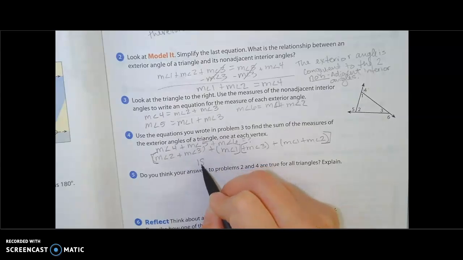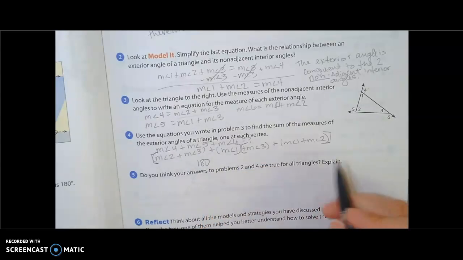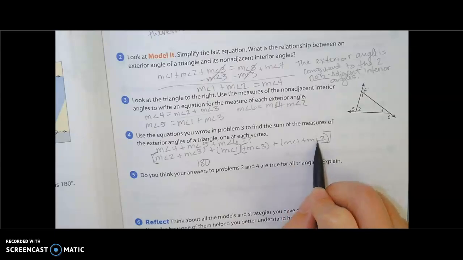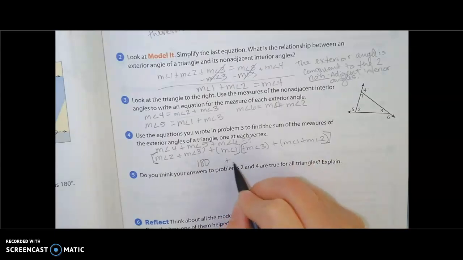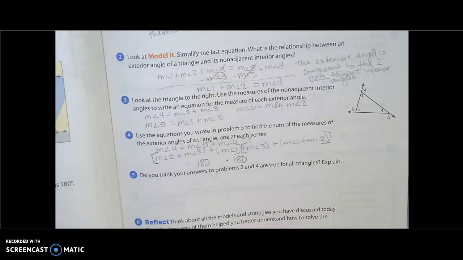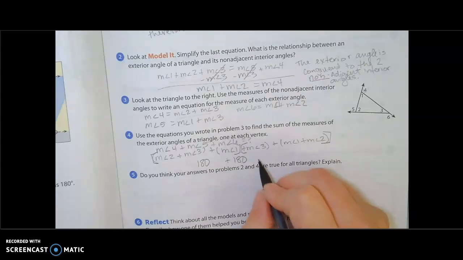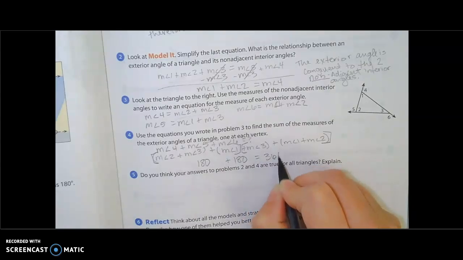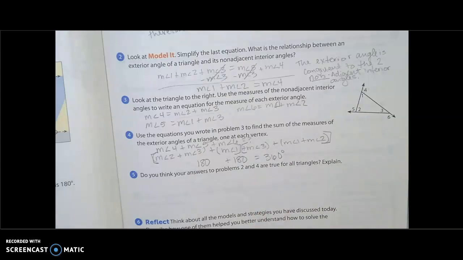Well, that's 180 degrees. Over here, I have the measure of angle 1 plus the measure of angle 2 plus the measure of angle 3. Well, that's another 180 degrees. So 180 plus 180 is 360 degrees. So the exterior angles of a triangle, only one at each vertex, is 360 degrees.